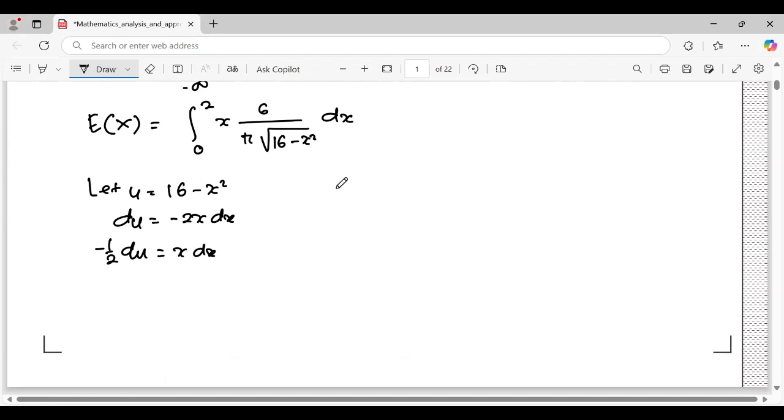So E(x) equal minus 1/2 integral 0 to 2 of 6 over pi, u power 1/2, of du.